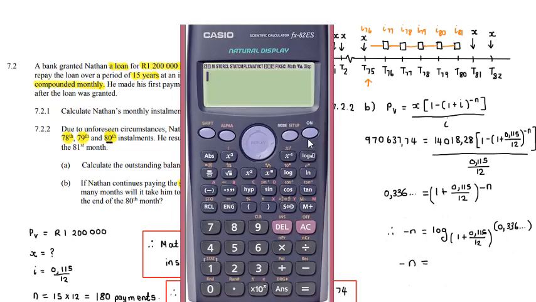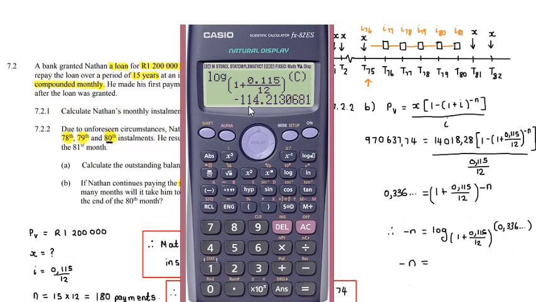In the calculator, we pick that log function, we put in our base, 1 plus 0.115 divided by 12, and we put in that answer that we got, which we stored in C. So negative n works out to be negative 114.2130681.